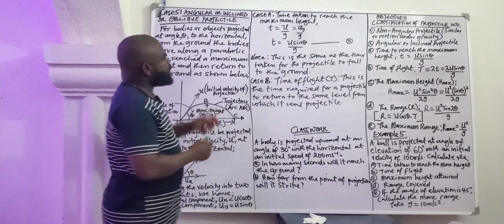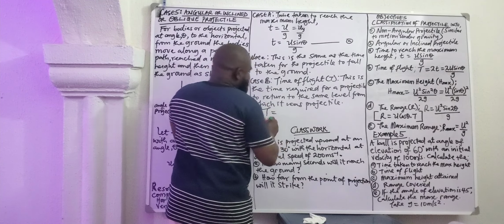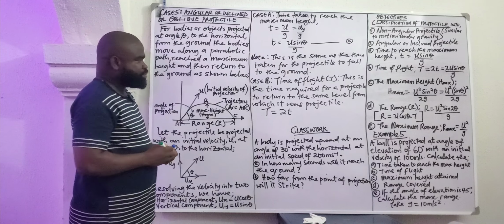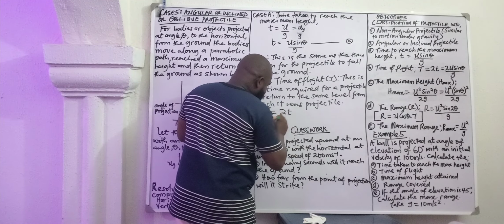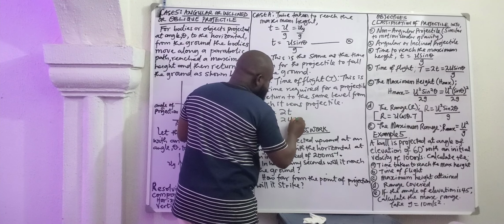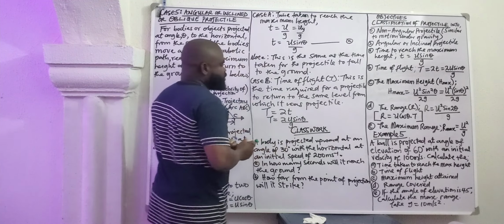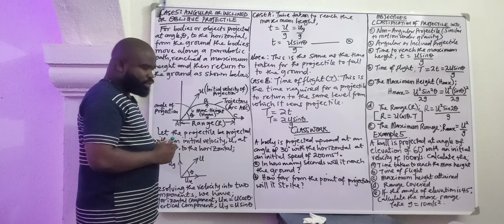And then by formula, if we recall, total time is 2 small t, which means the total time is 2u sine theta over g.